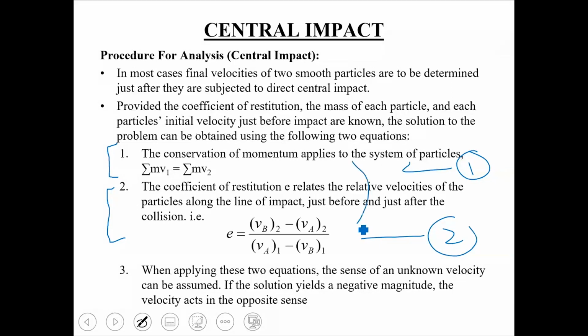You are going to solve these two equations simultaneously in order to find out these unknown velocities VA2 and VB2. So जो भी आपका सेंट्रल इम्पैक्ट का प्रॉब्लम आए, आपने ये दो स्टेप्स उस पर करने ही करने हैं कि पहली स्टेप में कंजर्वेशन ऑफ मोमेंटम अप्लाई करनी है और सेकंड स्टेप में आपने कोएफिशिएंट ऑफ रेस्टिट्यूशन अप्लाई करनी है. So these are the two steps which are going to be used for the analysis of any problem relevant to central impact. Is this point clear to all of you?